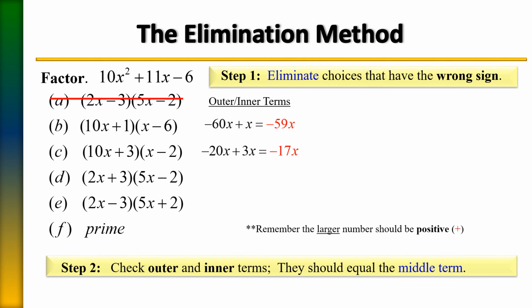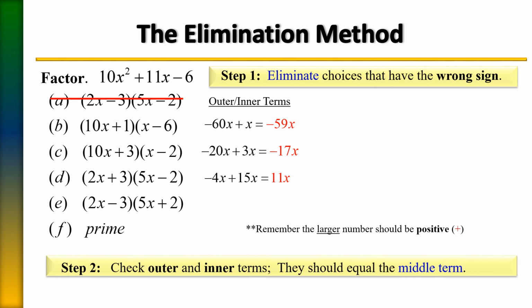Let's move on to D. Outer, negative 4x. Inner, 15x. Combine those two together and it gives me, ding ding, 11x, which is the correct middle term. So we don't need to check the last one because we already have the pair.